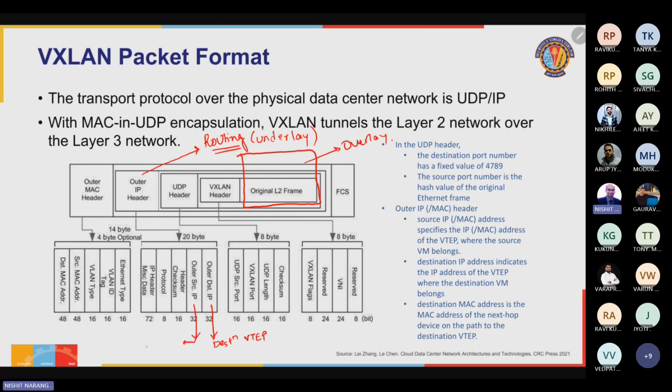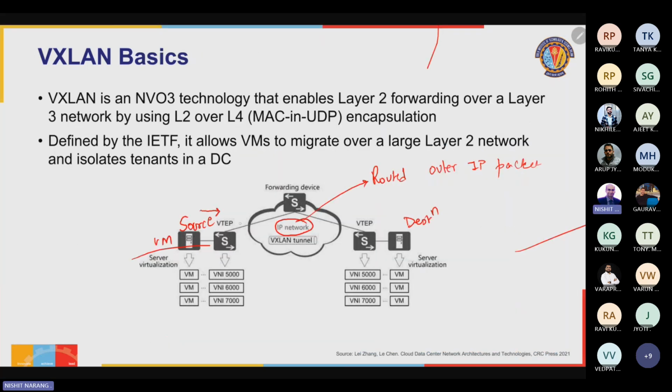And this is the IP address of the source VTEP. So in the diagram earlier, this is the source VTEP, this is the destination VTEP. These are the addresses which will go in the outer IP header of your encapsulated packet.